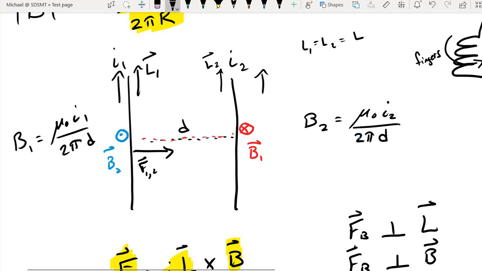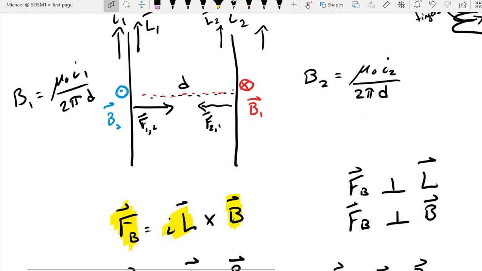And if you're doing that properly, then the only direction that your thumb can point without breaking it is to the left. And so we get two forces acting on these two wires as a result of their interaction, and we can see that the two wires are being attracted towards one another by these forces.